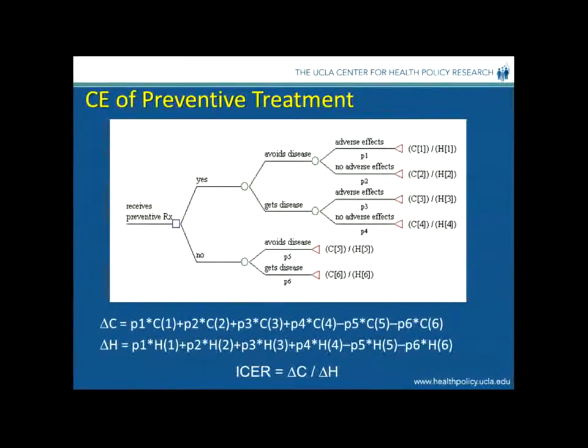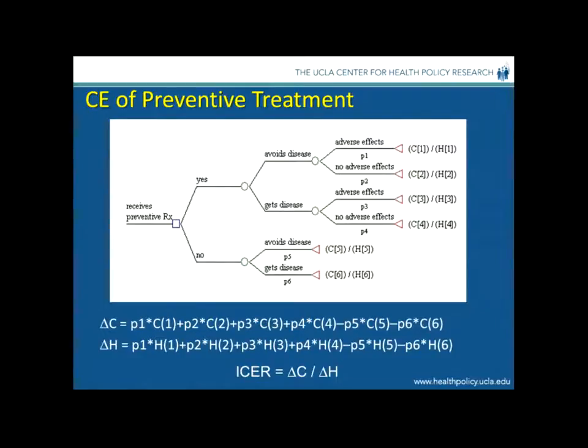But the reason I structured this way and used this example is basically to illustrate any preventive treatment that you can think of more or less is going to fit into this general framework. Now, this is the oversimplified version. You can imagine each of these 6 final decision points or nodes here, and those are the red triangles.